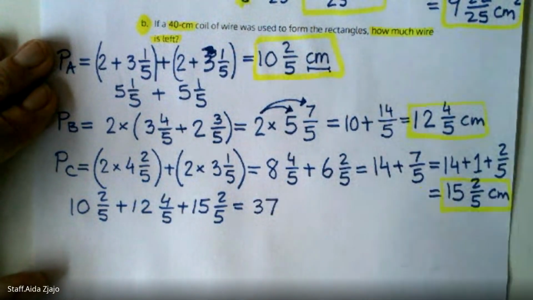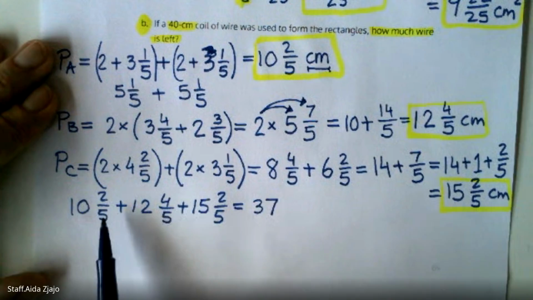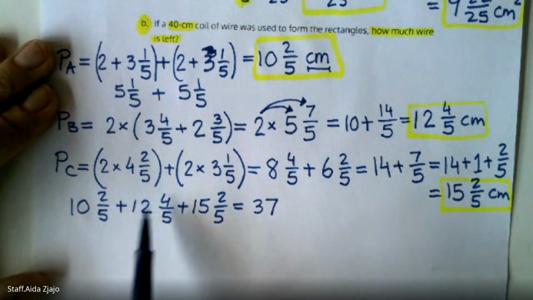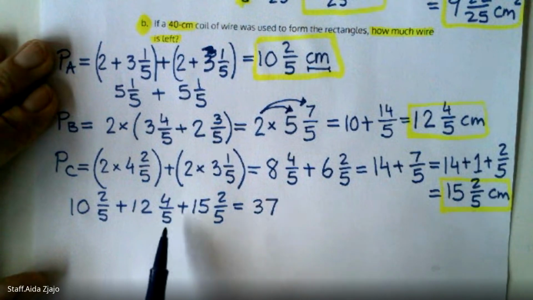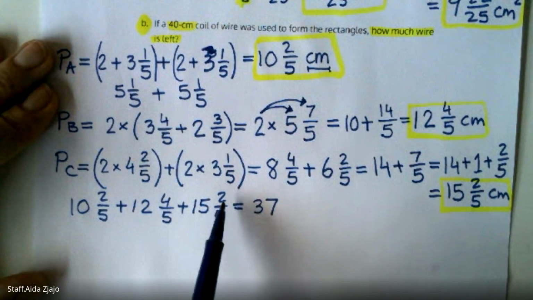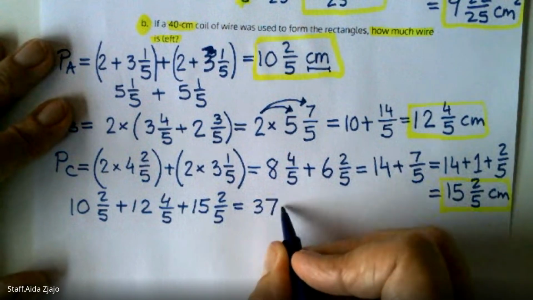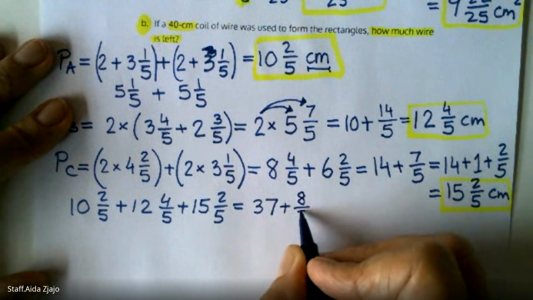Now 2/5 and 4/5 is 6/5, and plus 2/5 means 8/5.